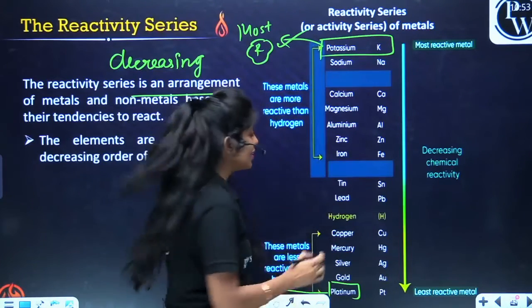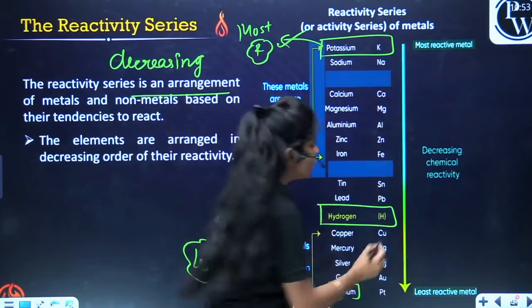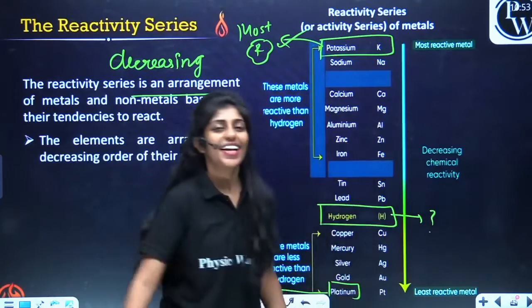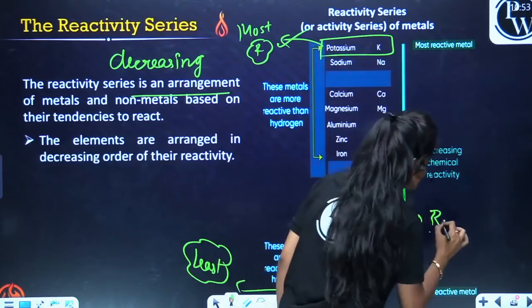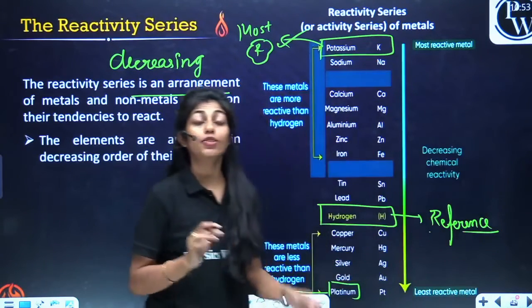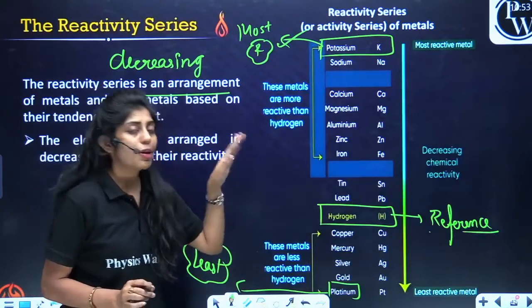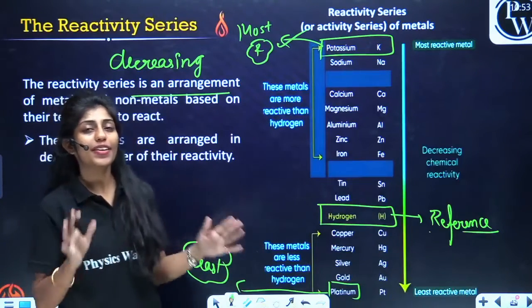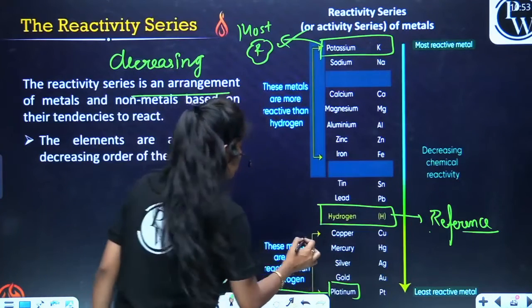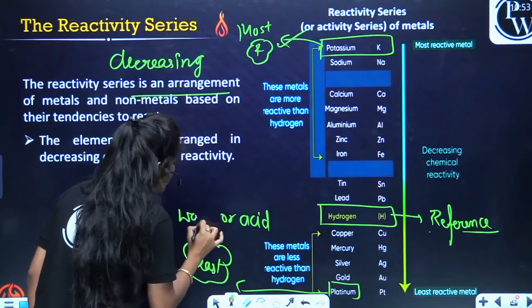Now there is hydrogen that you can see. Hydrogen is not a metal, then why is it placed here? So that is for the reference only. What kind of reference? So my dear students, you need to understand the metals that are placed below hydrogen cannot displace hydrogen from their acid or water.